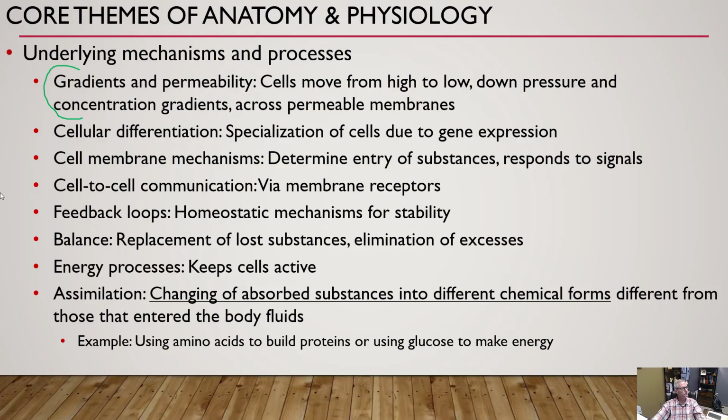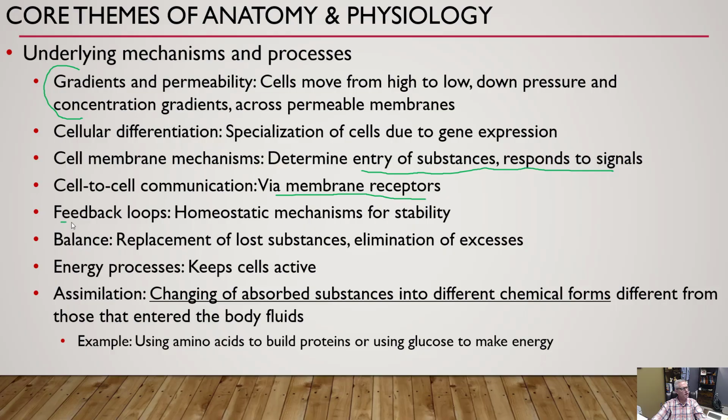Cell membrane mechanisms: we'll talk about entry of substances and response to signals. We'll talk about that when we get to another chapter, about what can come into a cell and how things come into cells. We have receptors on cells that allow cells to communicate with each other.